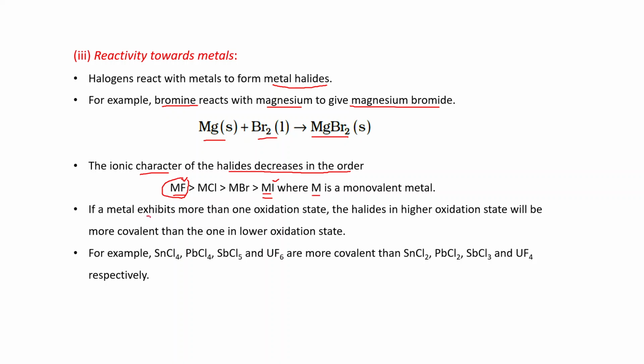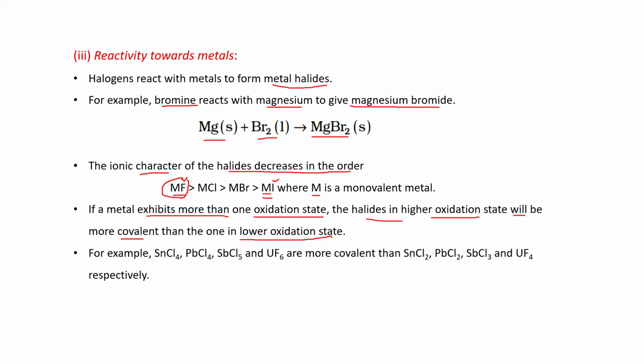If a metal exhibits more than one oxidation state, the halides in the higher oxidation state will be more covalent than the one in the lower oxidation state. Try to understand: the higher the oxidation state, the higher the positive charge.